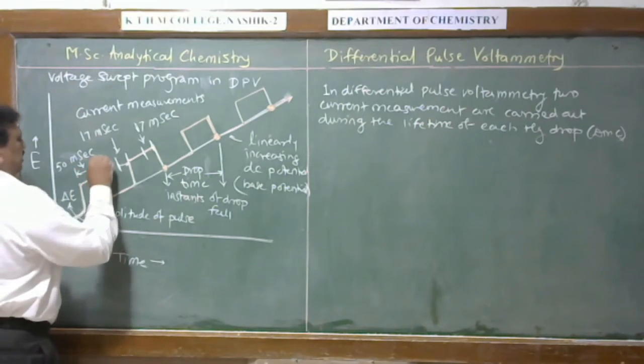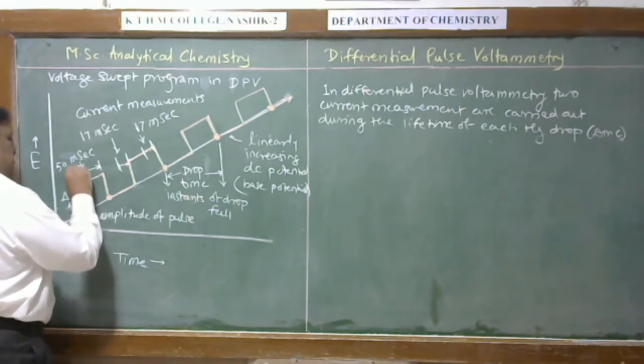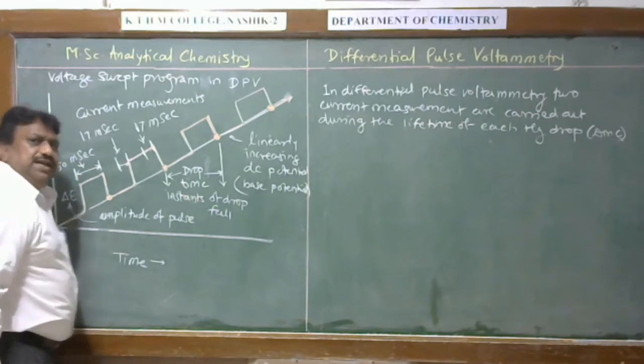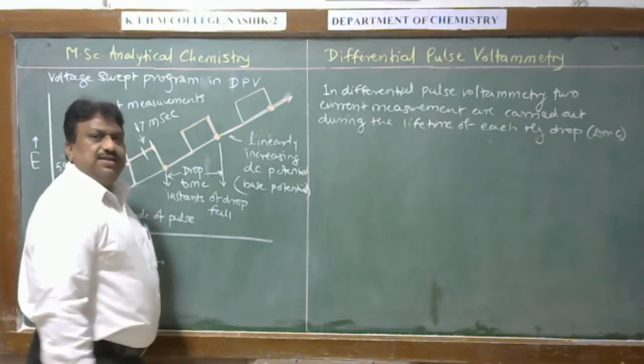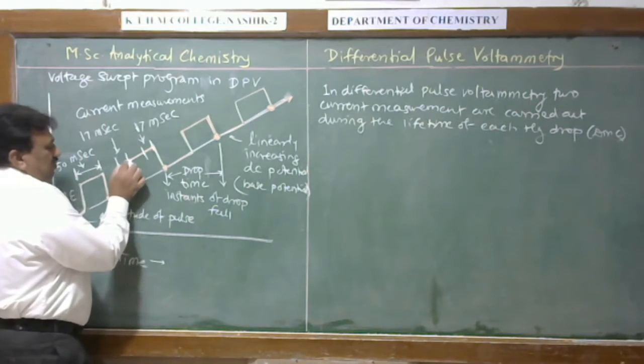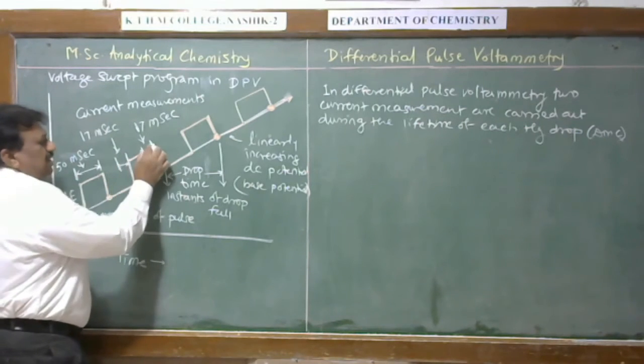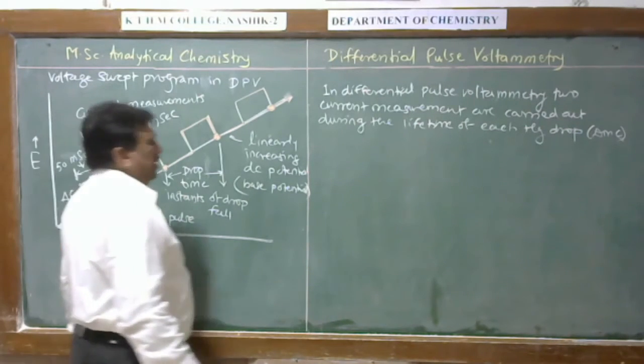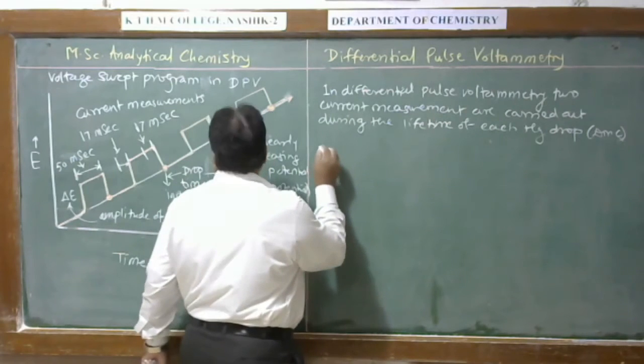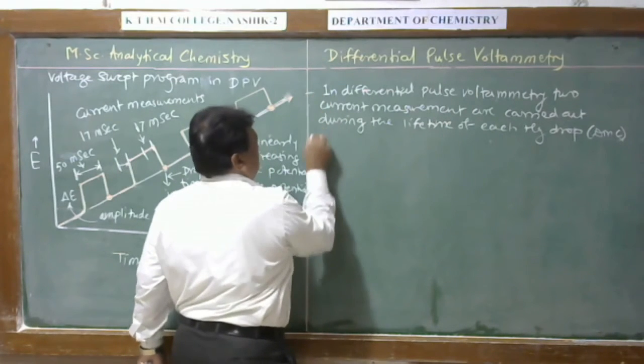This is the time interval in which a potential pulse is applied, that is 50 millisecond, and current measurement is carried out just before application of pulse and at the end of the pulse.